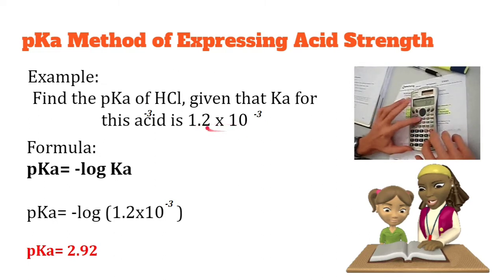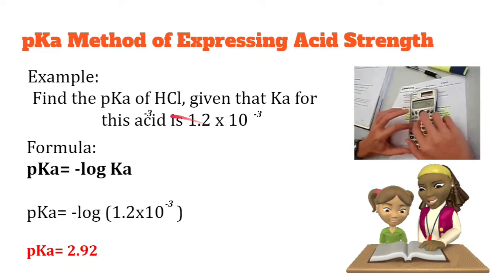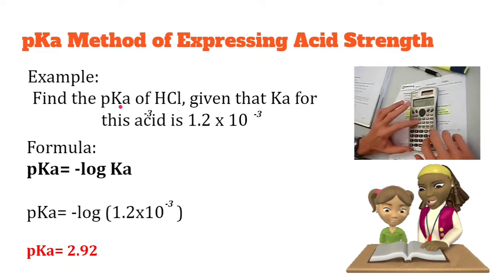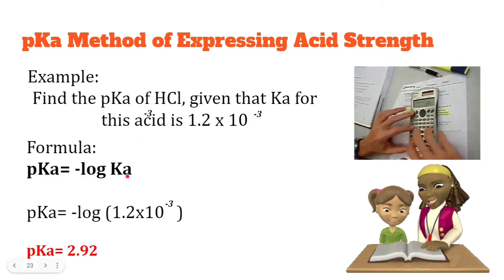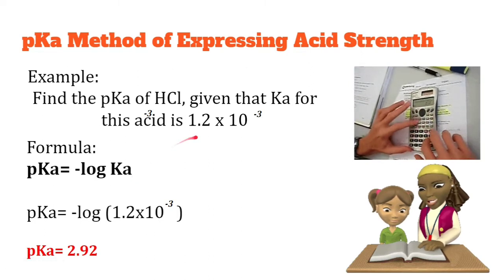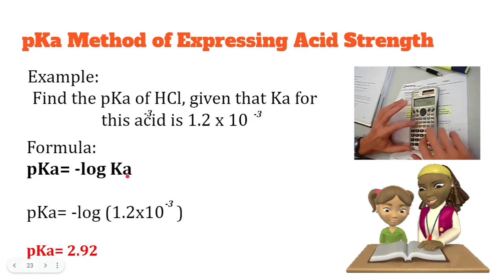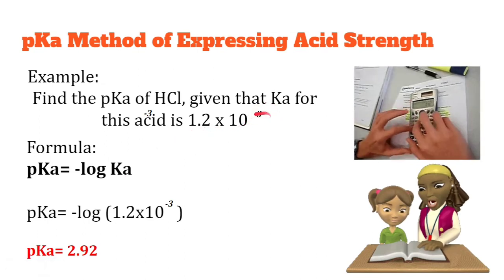Since we are asked to find pKa, use this formula: pKa is equal to negative log of Ka. The Ka is already given, 1.2 times 10 raised to negative 3.